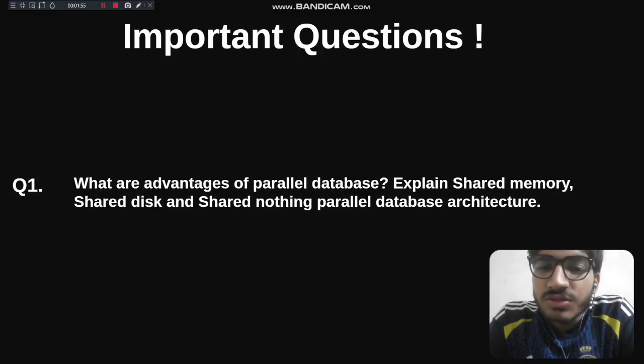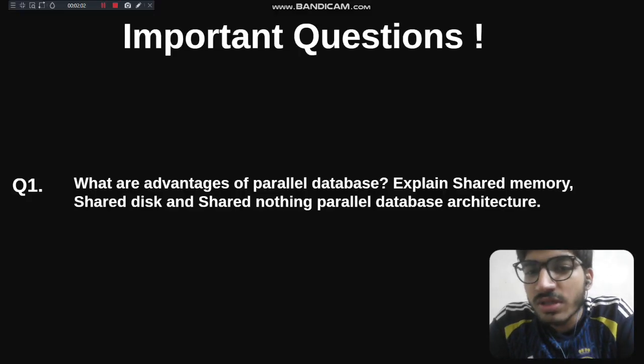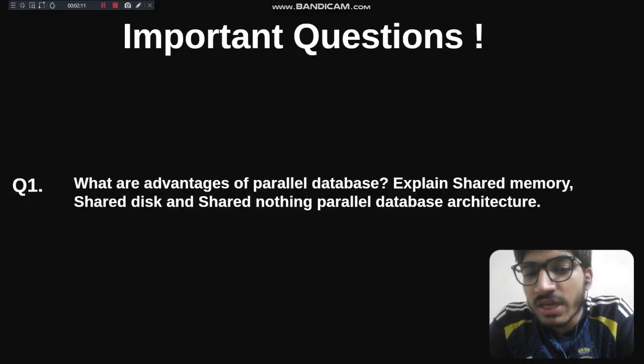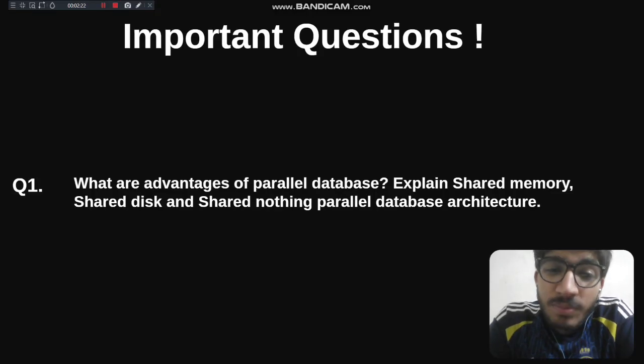In the first, shared memory architecture, all processors share one common main memory. All processors also share the same disk storage. Features of shared memory architecture: it is simple to design, with fast communication because memory is shared. The advantages are that it is easy to program, has fast data access, and good performance for small systems.